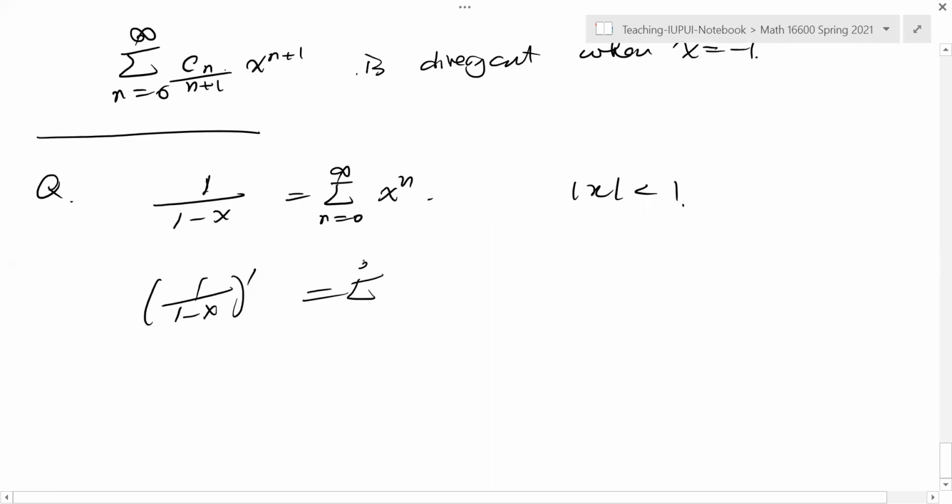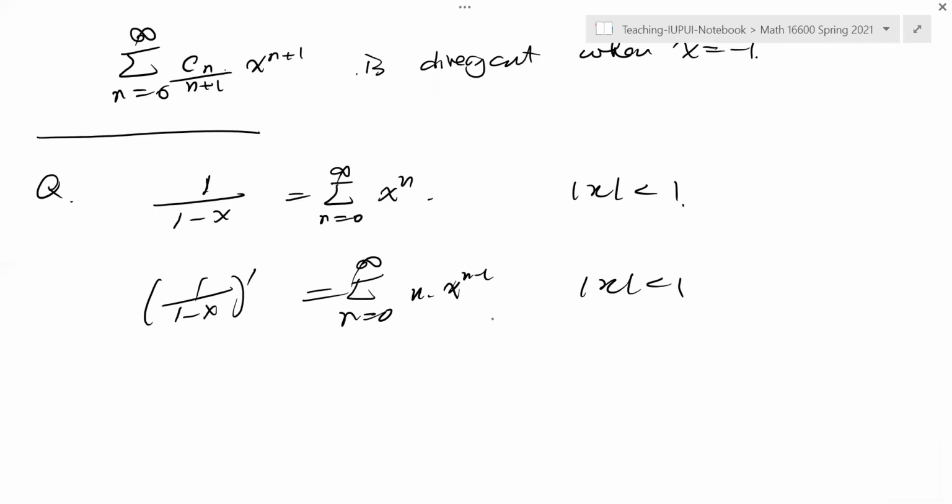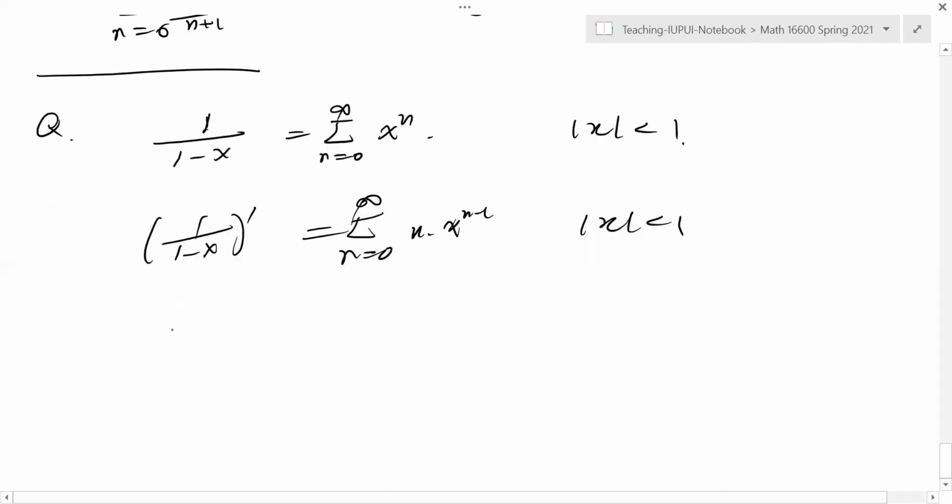And the series on the right-hand side still has the same radius of convergence. So this is going to be 1 over 1 minus x squared, and here you can change the index n to start from 1, with n plus 1.